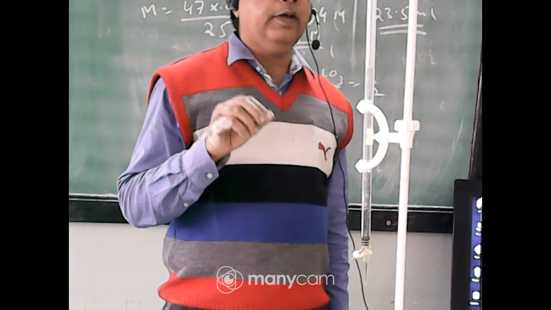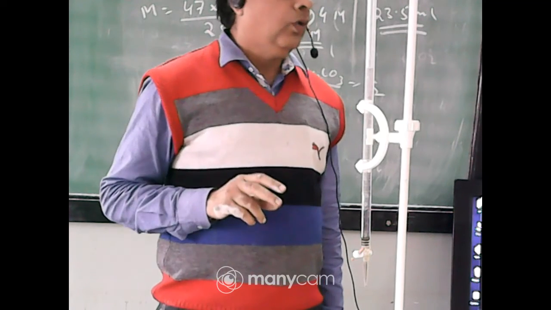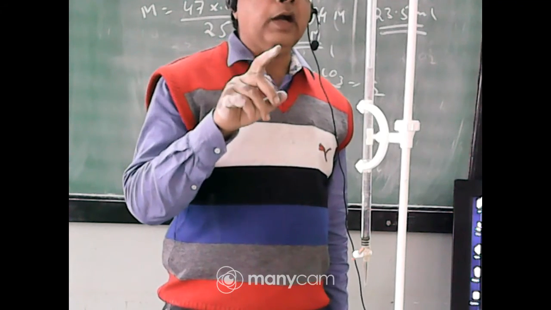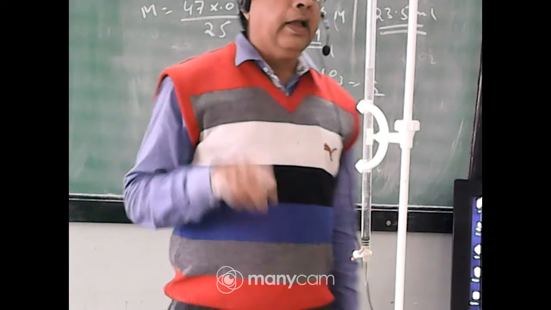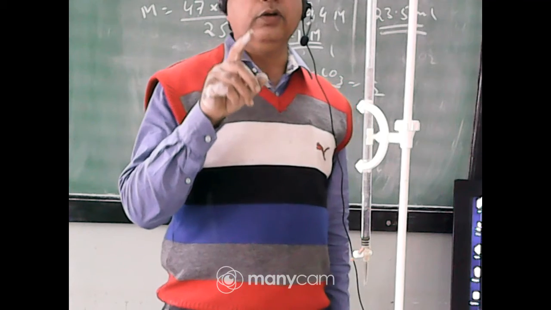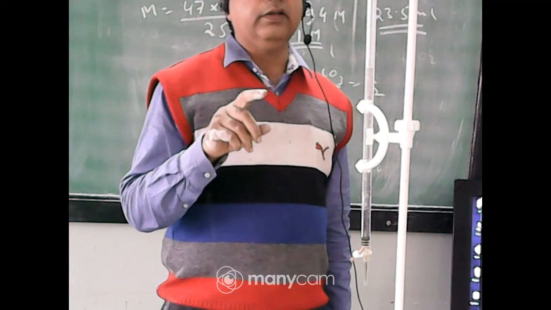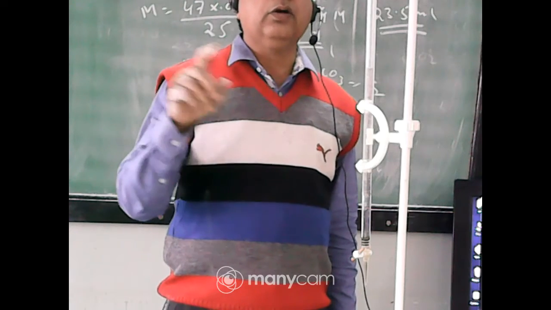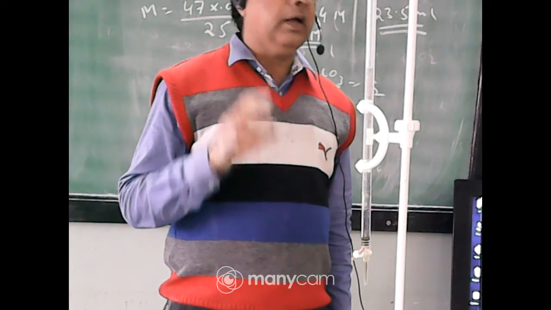For the acid base titration, I will give 3 titrations: one is sodium carbonate and HCl, which was performed today; another is oxalic acid and sodium hydroxide; and the third is sodium hydroxide and HCl. So that will take 3 classes.